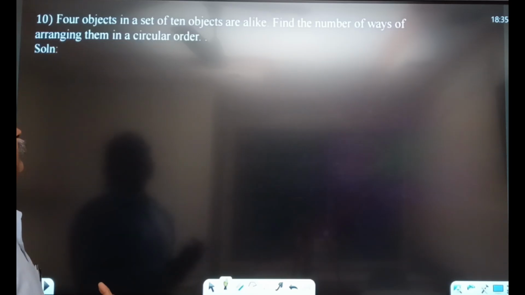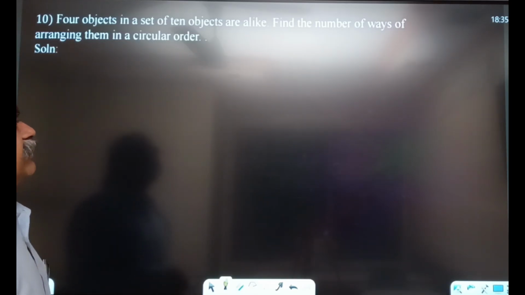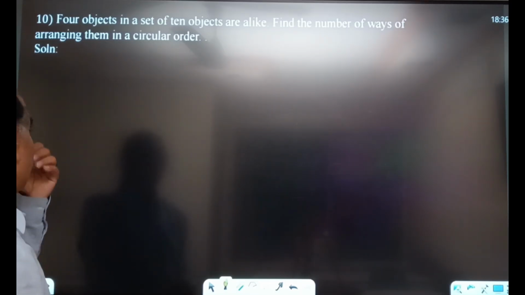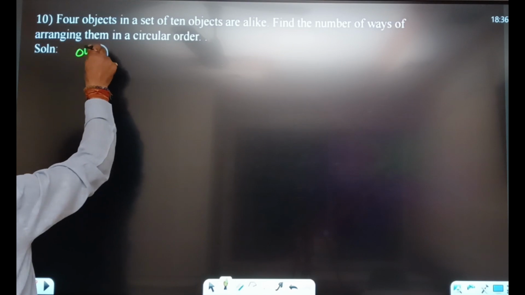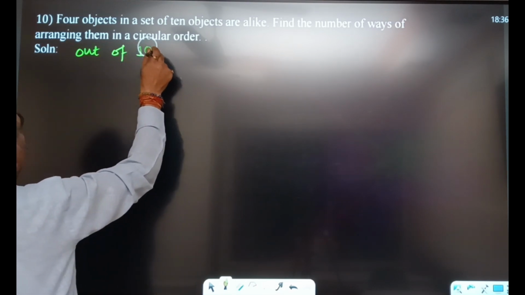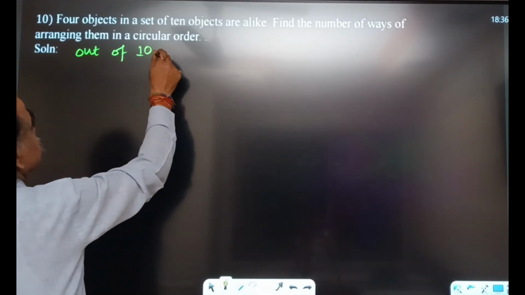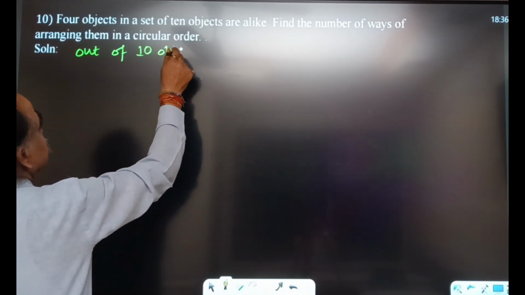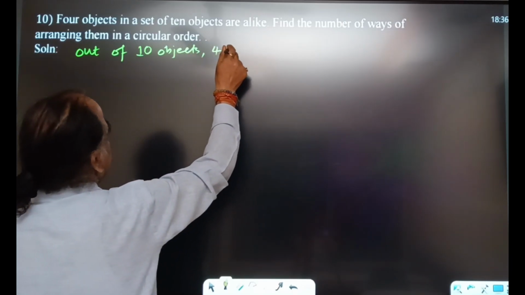4 objects in a set of 10 objects are alike. Find the number of ways of arranging them in a circular order. Out of 10 objects, 4 objects are alike.